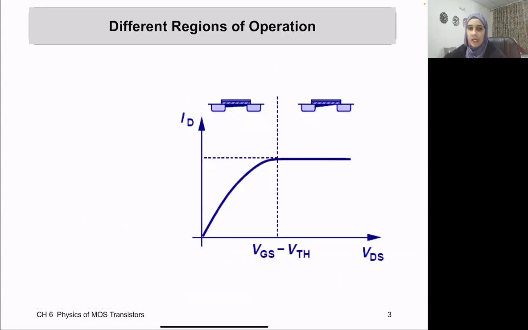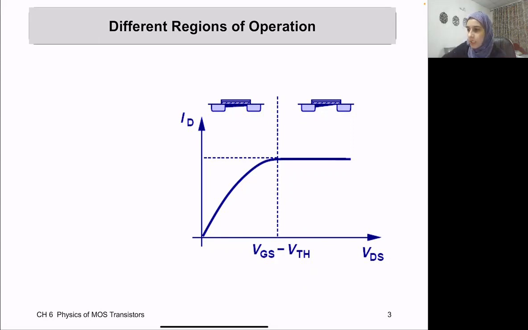Now, what we care about most with these devices is how they are operating, what operating region they are in, because that will decide what behavior they will have, how they will act in our circuit. These operating regions are decided by the certain voltages that we are applying on these devices.